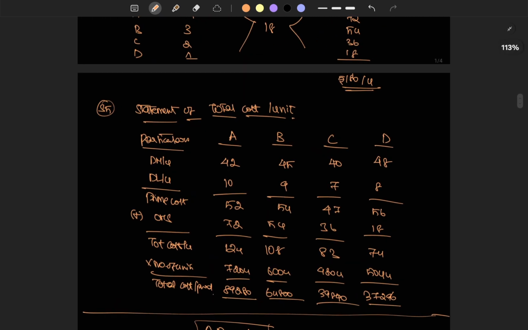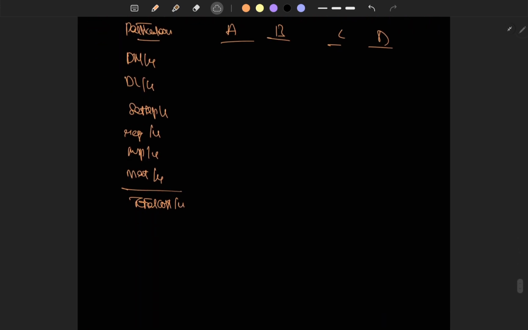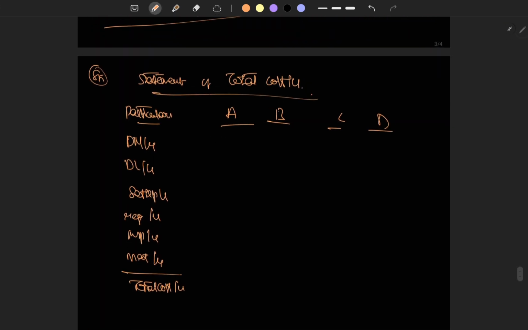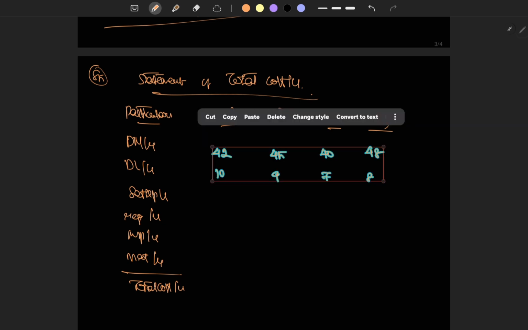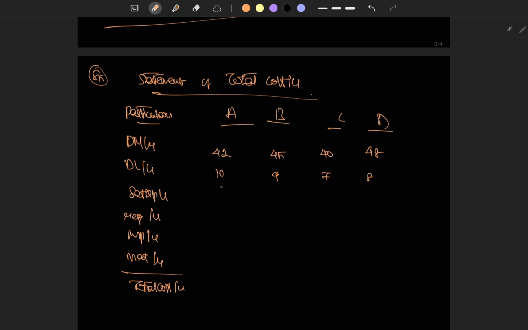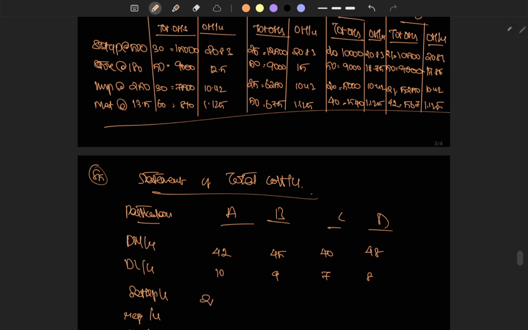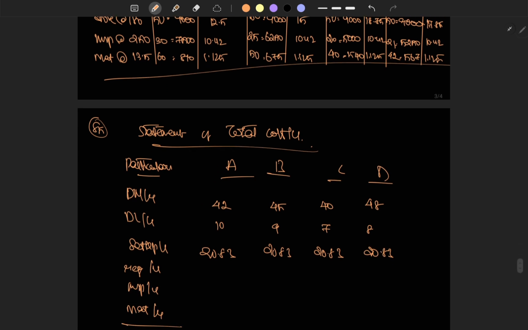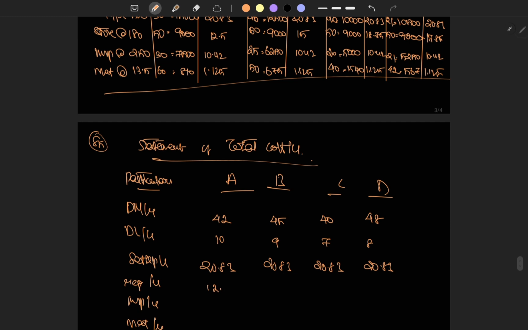So our direct materials and direct labor cost is the same as absorption costing. So just paste the values here. Right, we pasted. And then setup cost per unit is 20.83 for all four products. In this sum, the values given are the same for every product, so don't get confused by it.